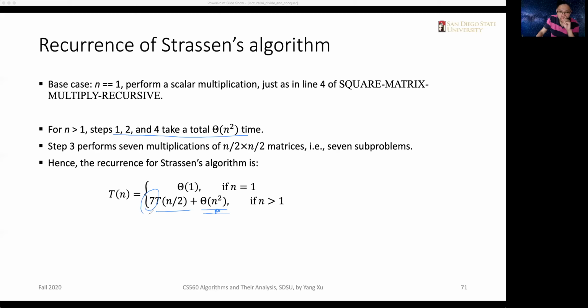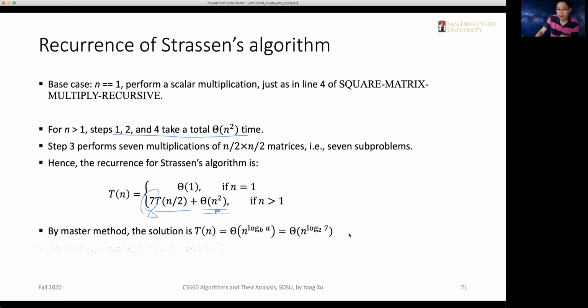Okay, so this is already good news for us, because if you use the master theorem, logarithm base 2 of 7 is slightly smaller than 3. Even though it's slightly smaller, when the matrix grows very big, this will save us a significant amount of time.